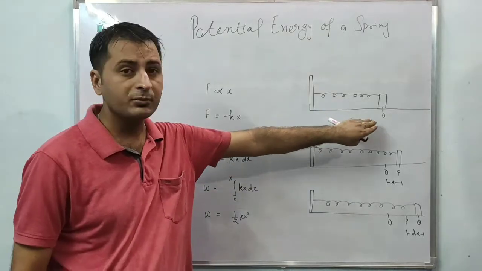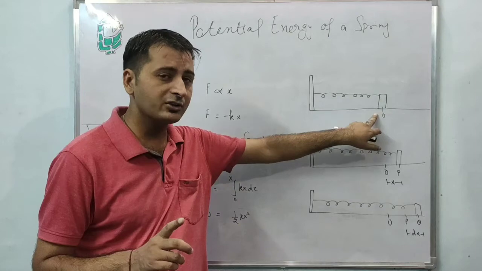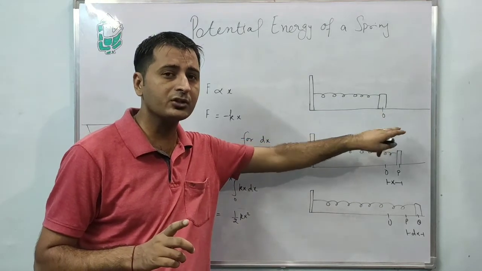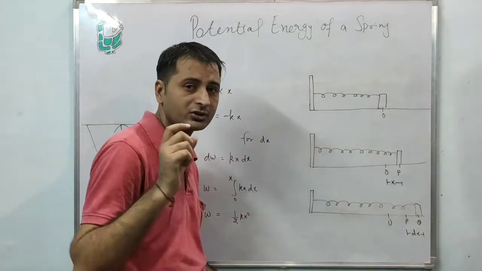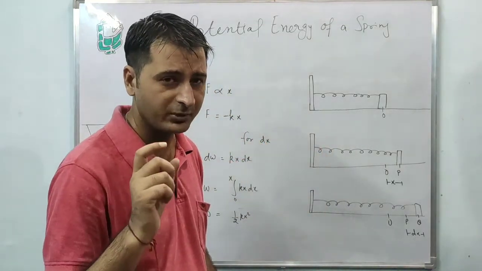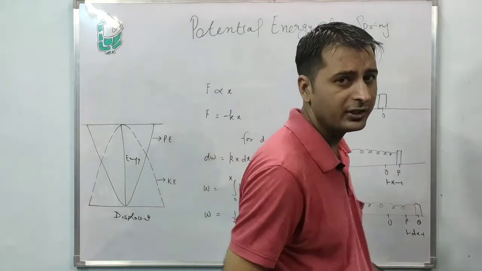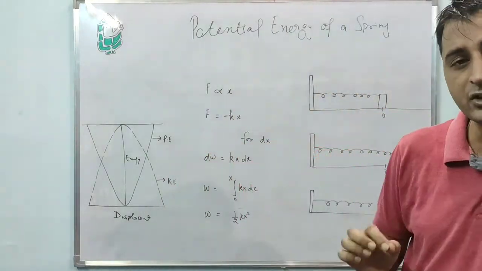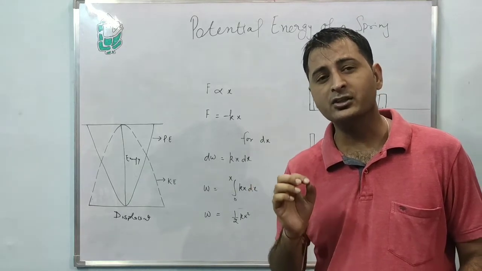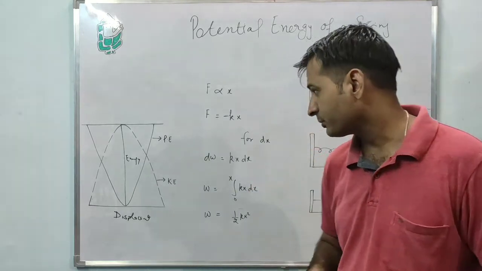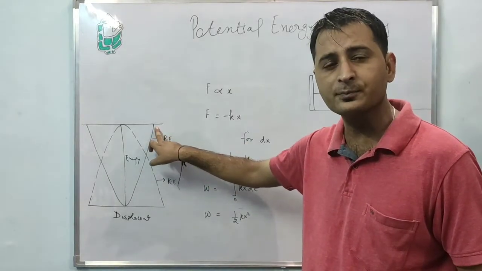That is figure 1, that is the mean position. We have displaced the block from the mean position to some point. Assume we have displaced it to the maximum position, which is called P, and the maximum displacement is x. So at point P, the potential energy of the system is maximum. Extreme positions are highlighted like this.